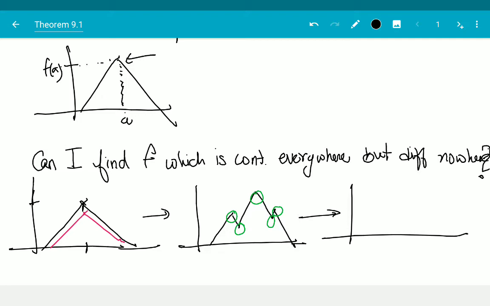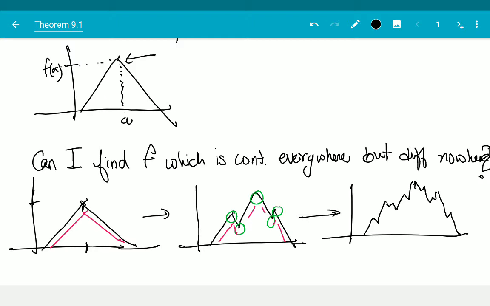Next step, it's still differentiable on the straight edges on each of these parts, 1, 2, 3, 4, 5, and 6. And so I make each of them also jagged. 1, 2, 3, 4, 5, 6, 7, 8, 9, 10, 11, 12.